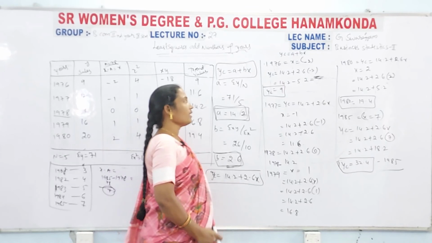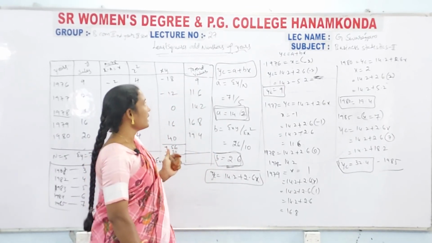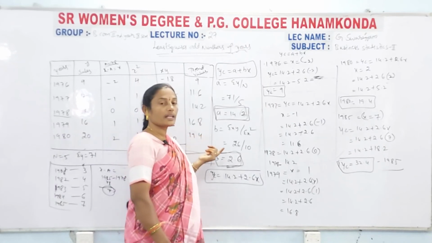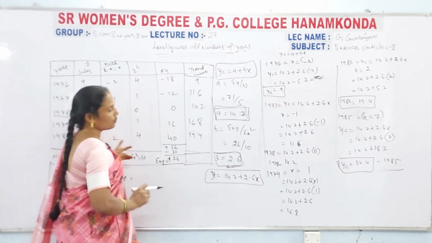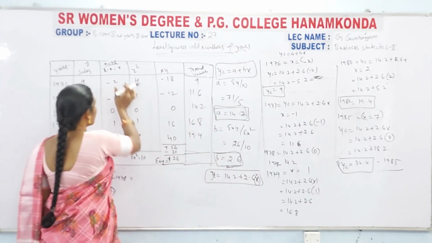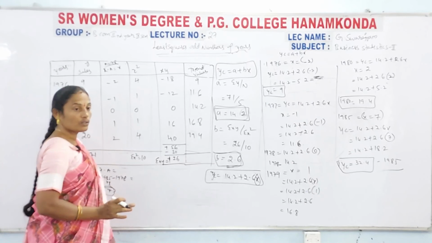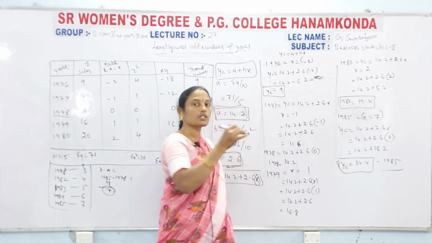Then after that we have to calculate the trend values. How to calculate the trend values? The x values are implemented in the x place. For every year, the x values are implemented in YC is equal to A plus BX.